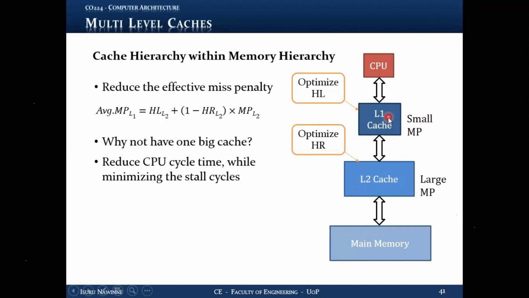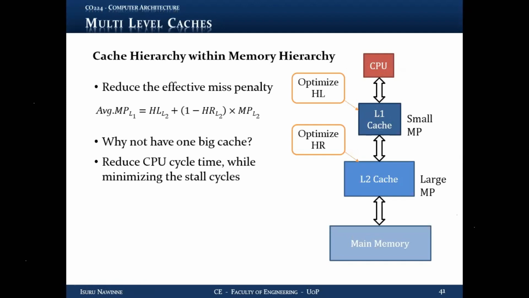So hit latency is the dominating factor, the key factor that determines the cycle time for the CPU, right? In the CPU pipeline, the critical cycle we saw is the memory access cycle. That is going to be the slowest latency there, which determines the clock period, right?